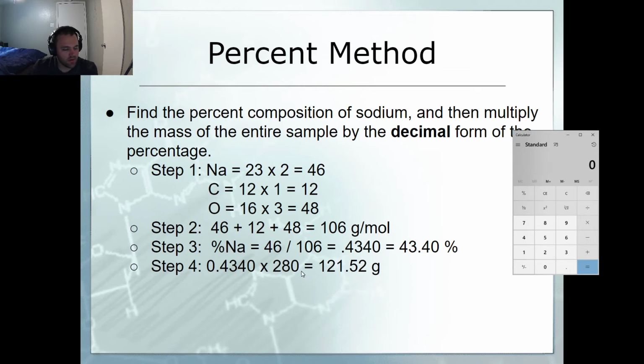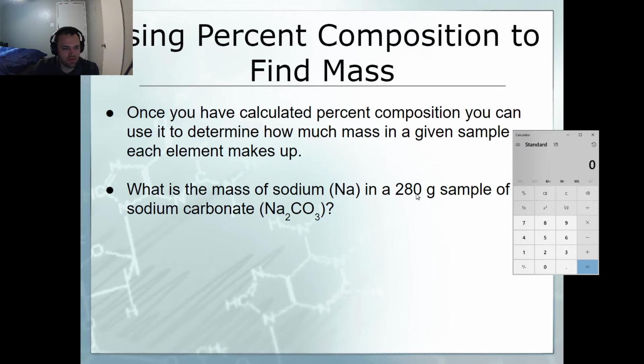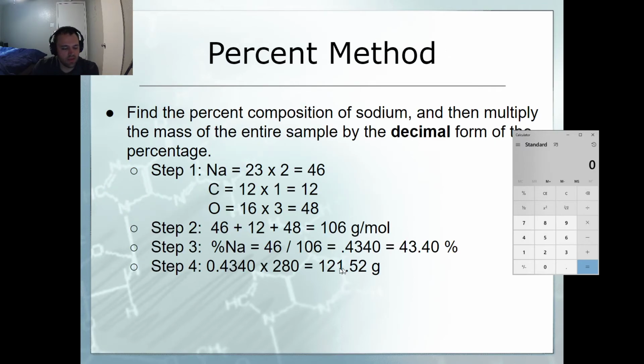And the trick on this one is that your last step is you're going to multiply this decimal form right here, before you multiplied it by 100, by the mass of the entire sample, and that will tell you how much of the sample is sodium. Okay, so you would take this 0.4340 that we just found times the 280, because that's how much our sample weighed right here, and that would tell you how much of the sample is sodium by mass, right?